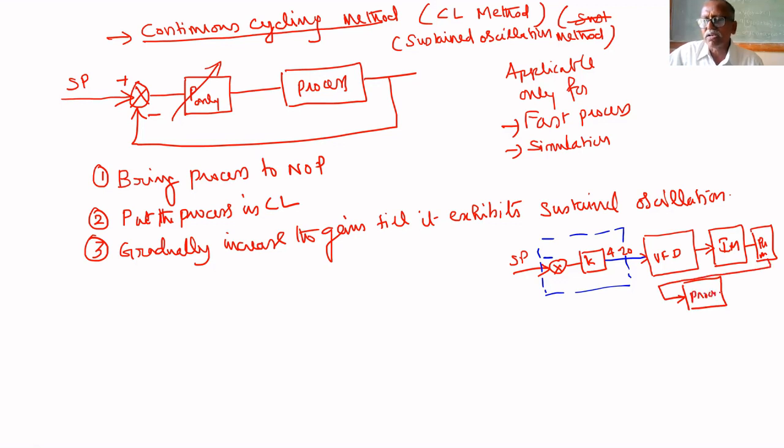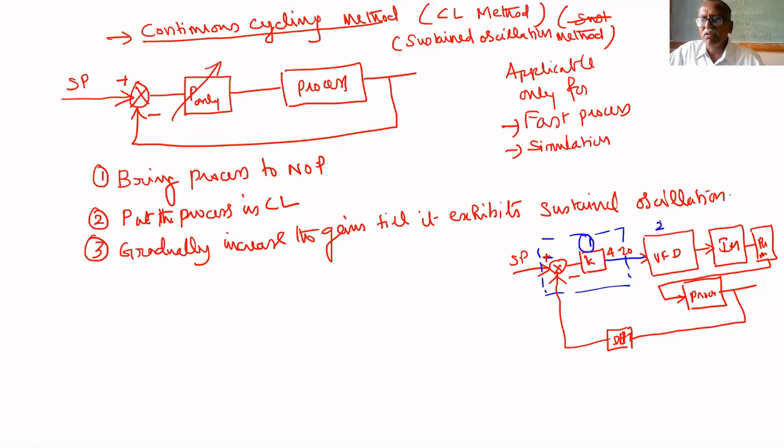The pump in turn gives the flow rate. The flow rate is measured by the differential pressure transmitter, and the output of the DPT is given as feedback to the controller. How many components are involved here?